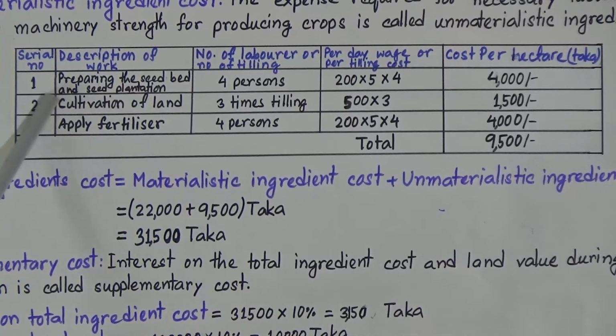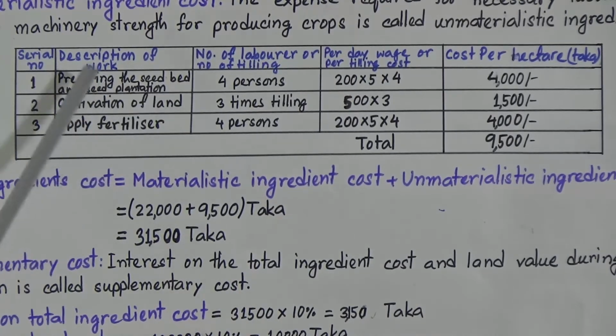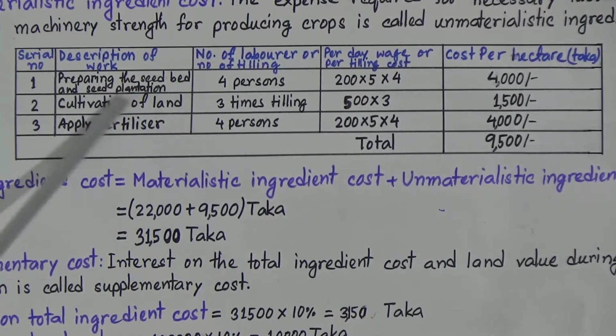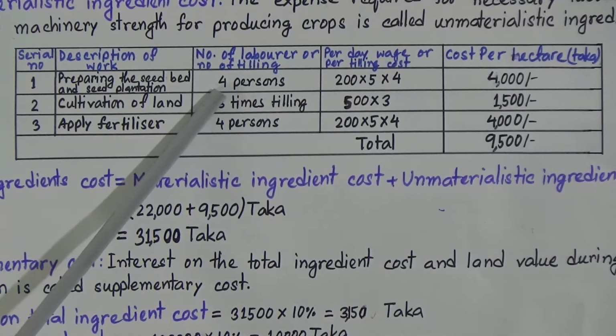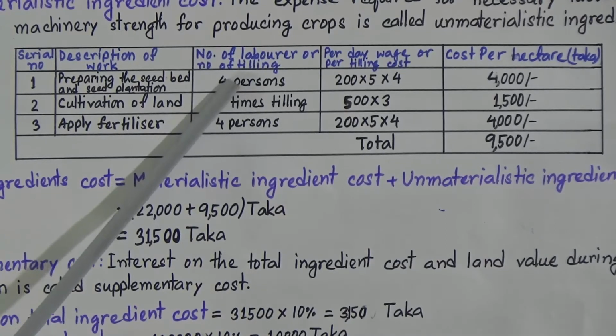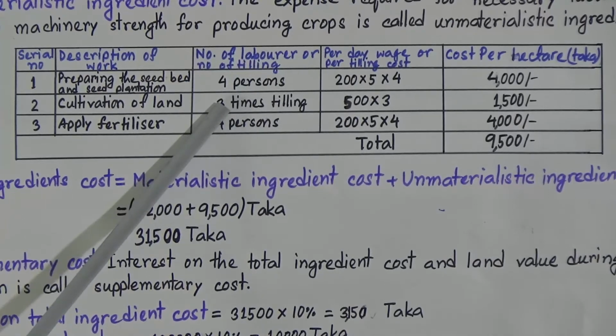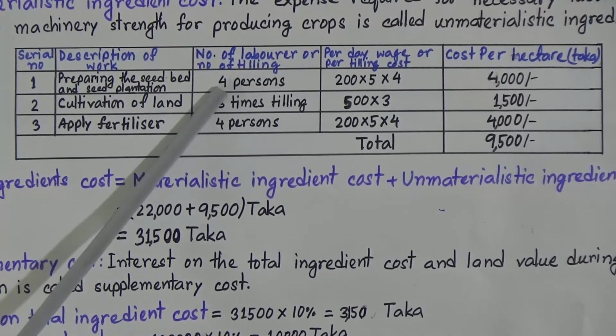Now look my dear students, first one is preparing the seed bed and seed plantation. For this we will hire 4 persons, or there can be more or less, but for this example we write here 4 persons.